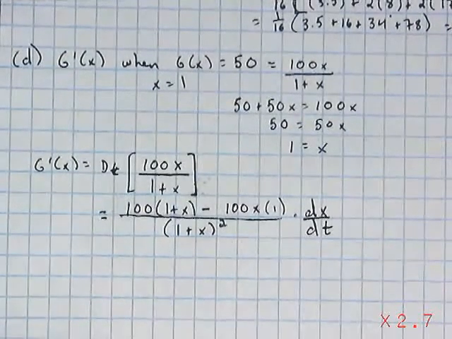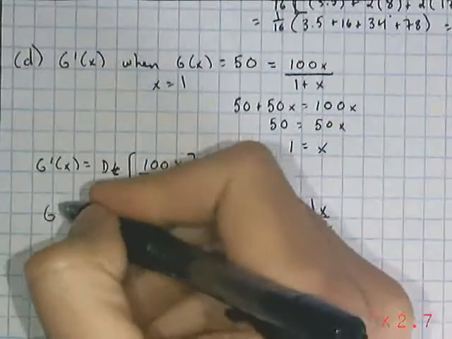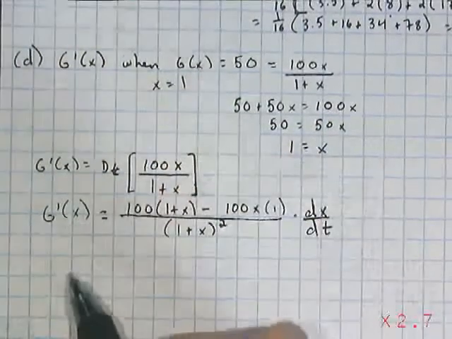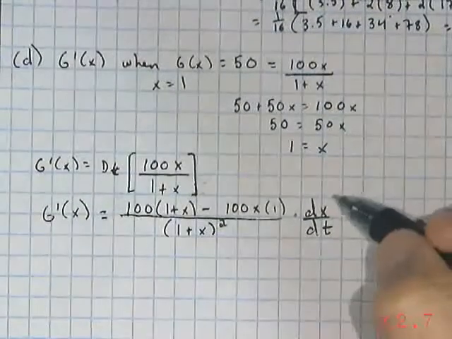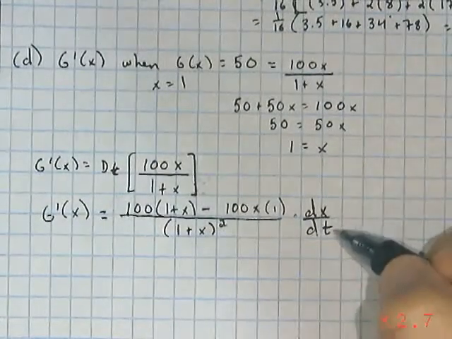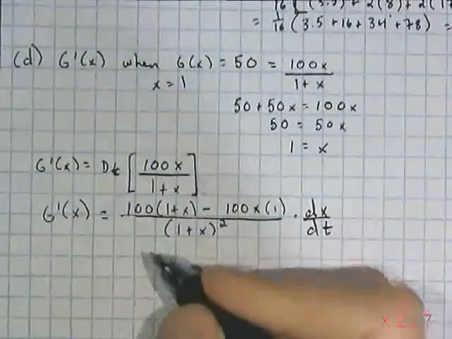We're just going to plug in everything we know. We're looking for the derivative of g at 1, and we also know the derivative of x with respect to t at 1, so we're actually kind of home free here. We just have to plug and chug.